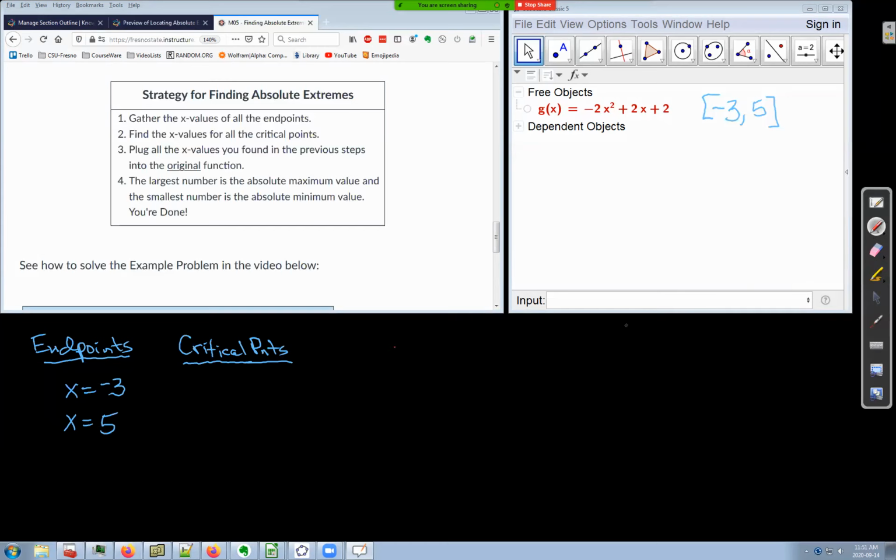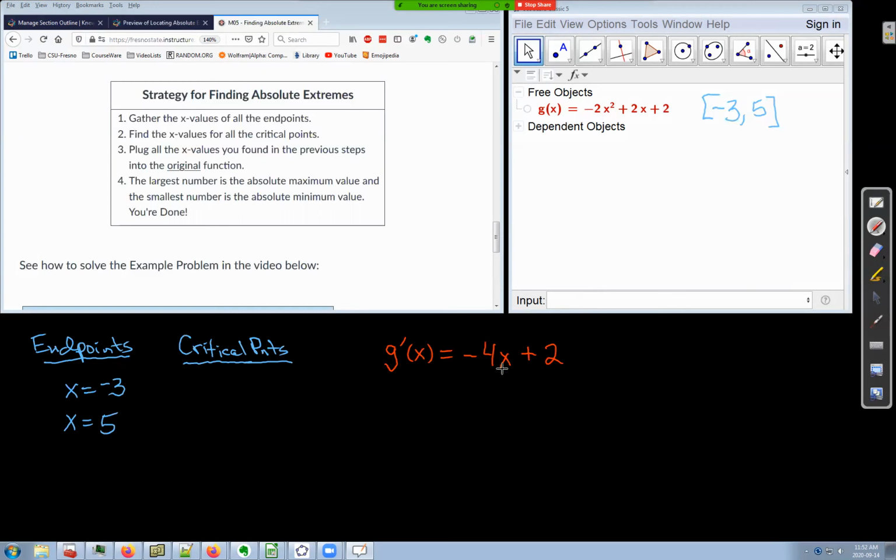So what I need is the derivative. g prime of x is -4x plus 2. I want to know when this function does not exist and when it is equal to 0.